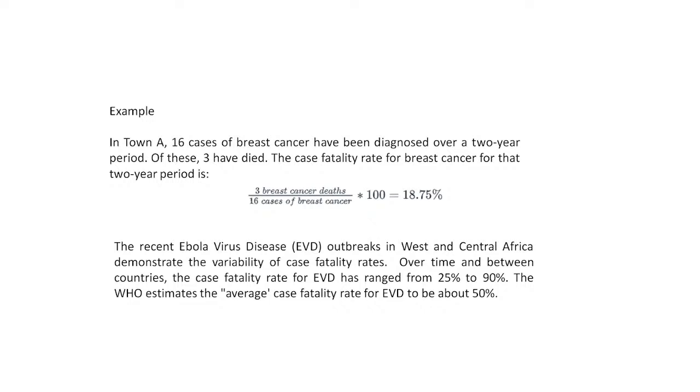The World Health Organization estimates the average case fatality rate for Ebola virus disease to be about 15%.